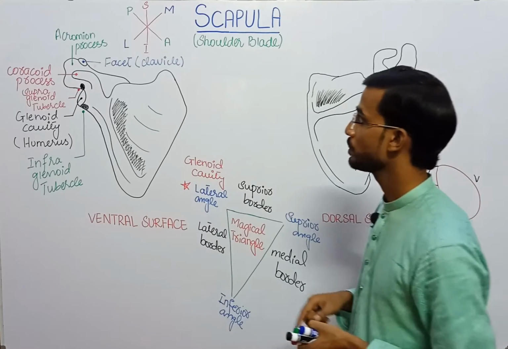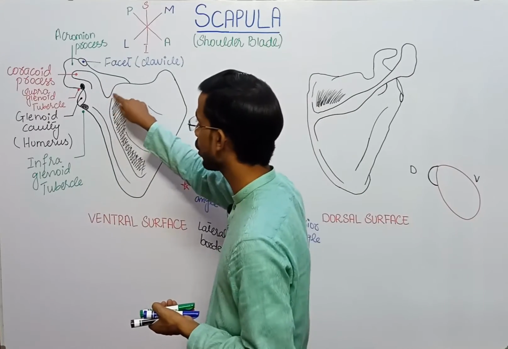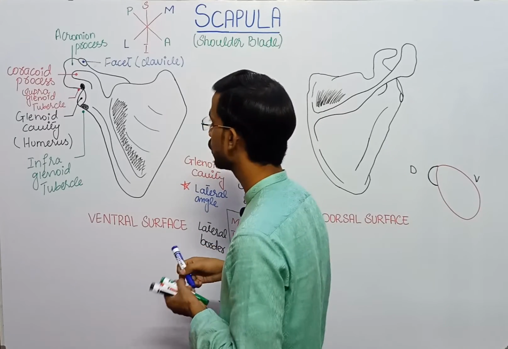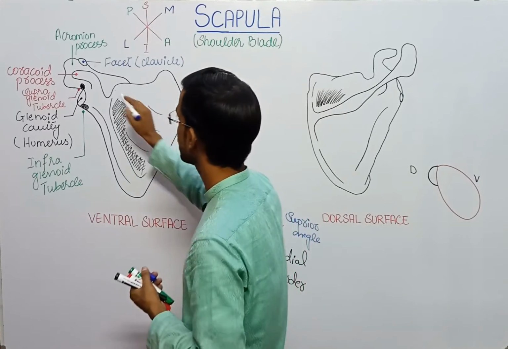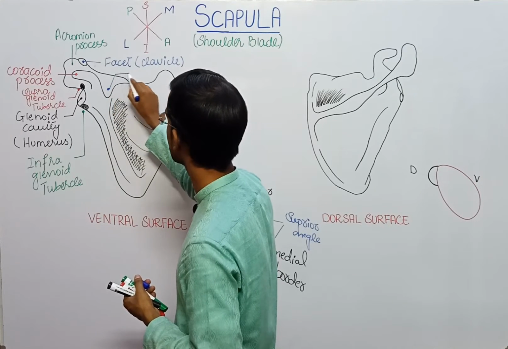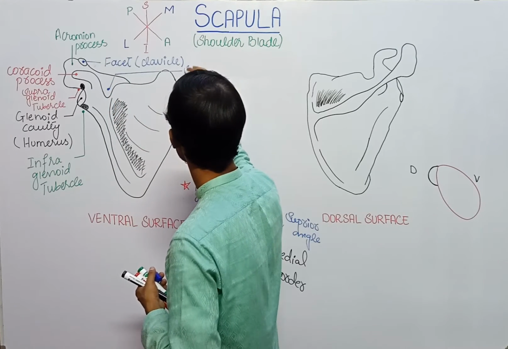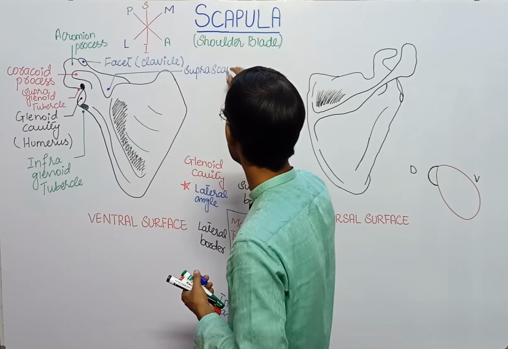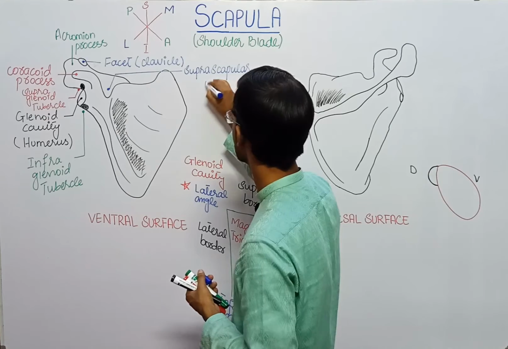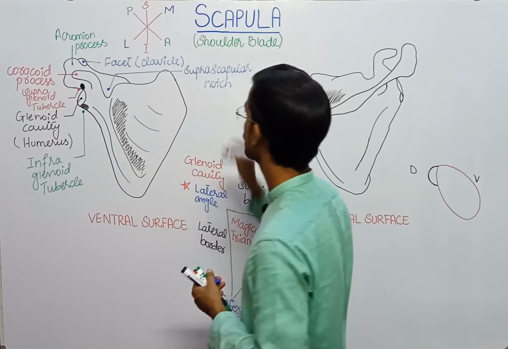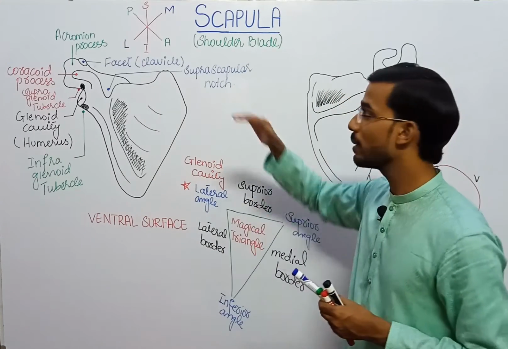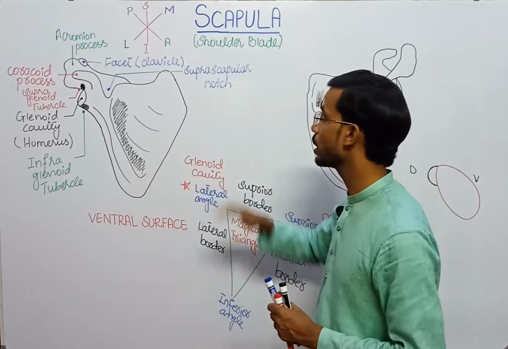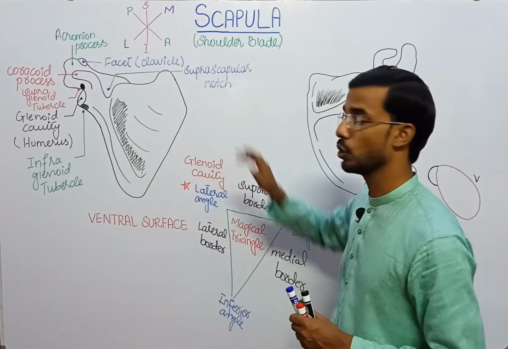And here you can see this is a notch-like structure on the scapula, and this notch-like structure is called the suprascapular notch. Supra means above, so the notch which is present above the scapula is called the suprascapular notch.